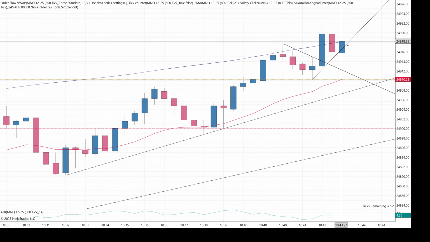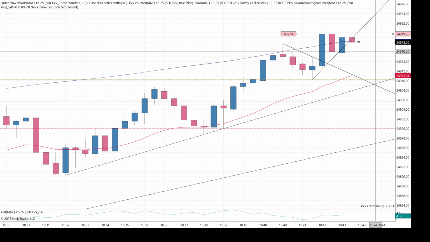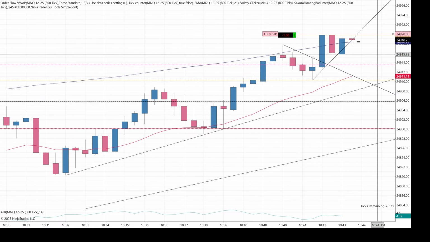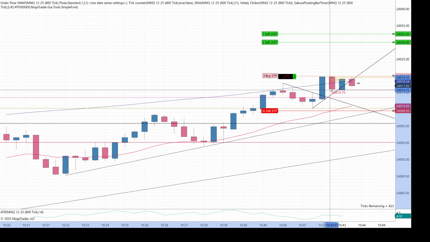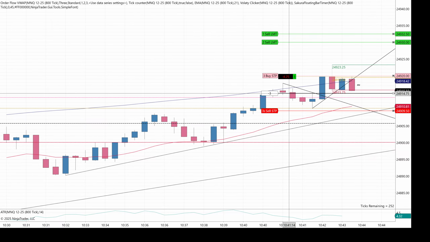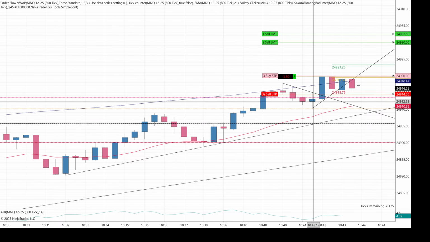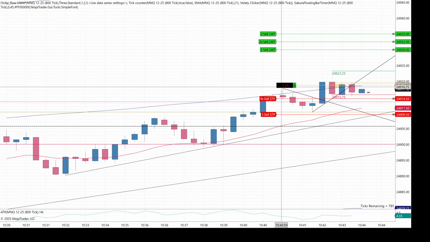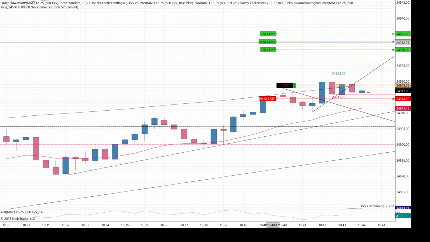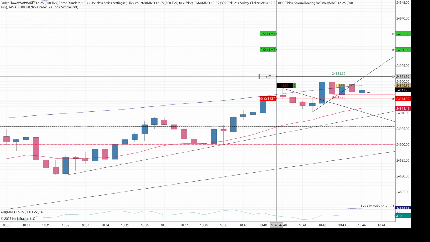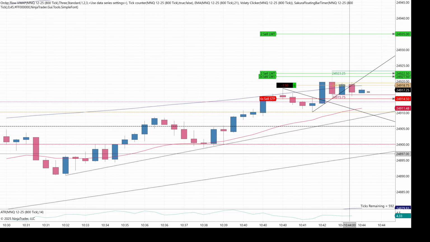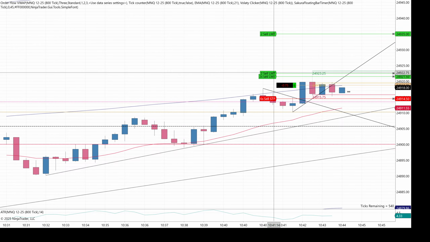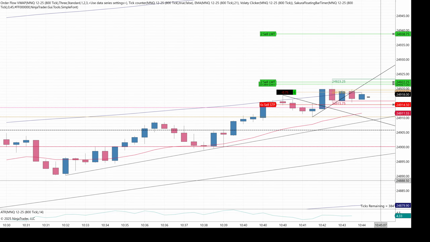This would be a signal to go higher here if it closes above the standard deviation level. This is really messy.